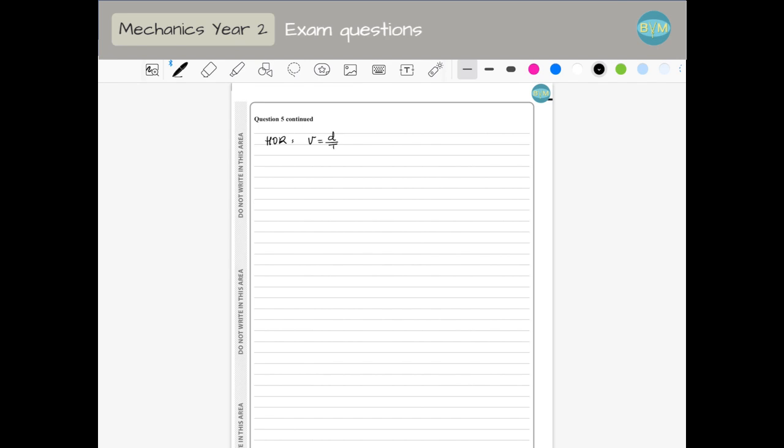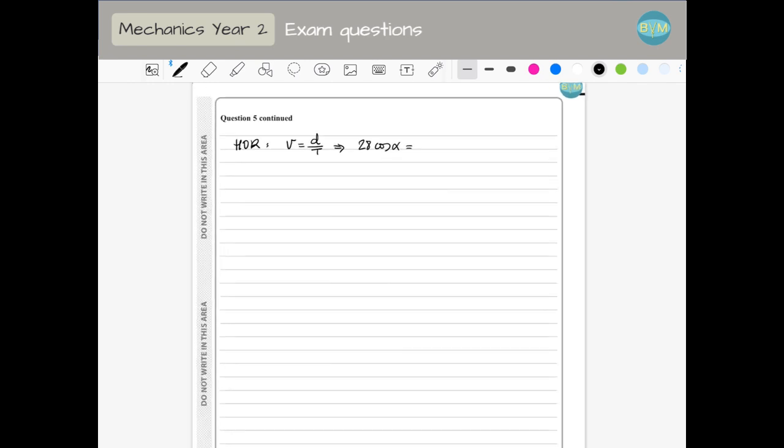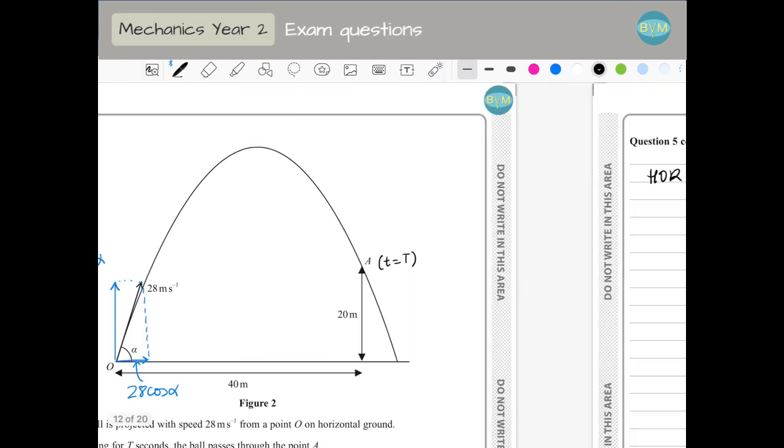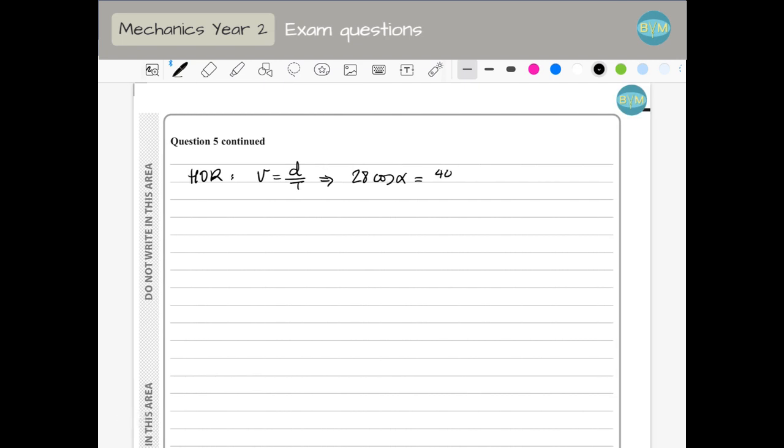Up to A, the velocity is constant, 28 cos alpha, and it is going to be horizontal distance, that is 40 meters up to A, divided by t, which means that t is 40 divided by 28 cos alpha, and when we simplify, dividing by 4, t is 10/(7 cos alpha). And that's the first part that we have to prove.